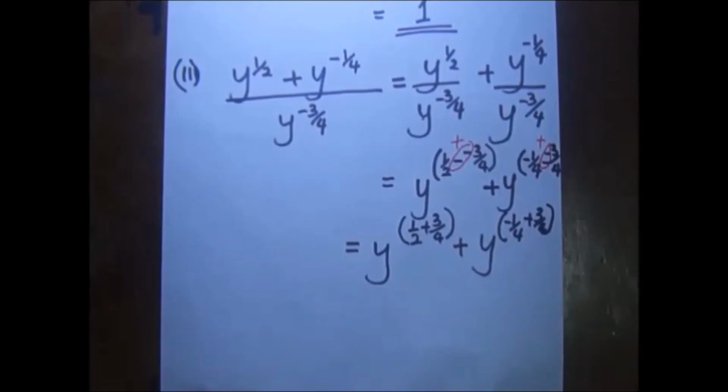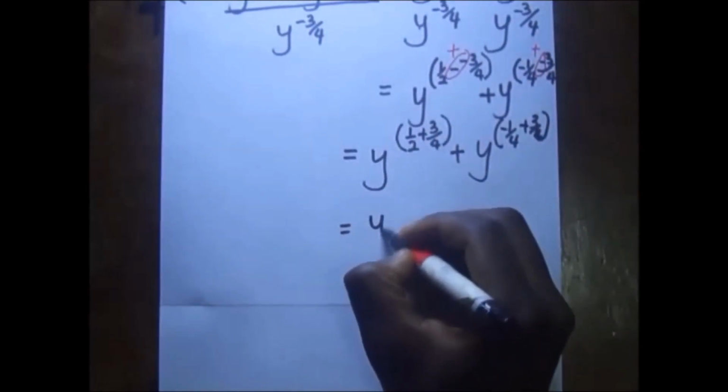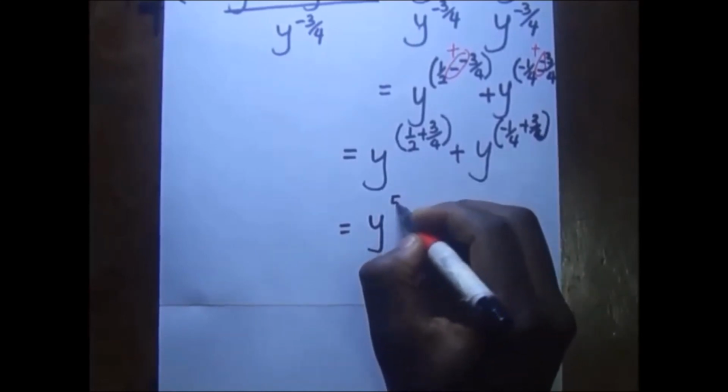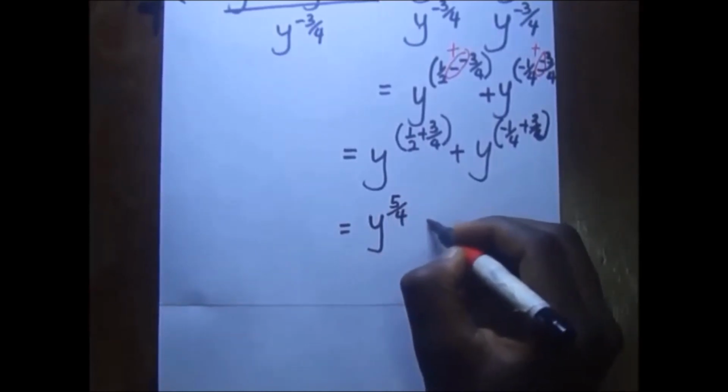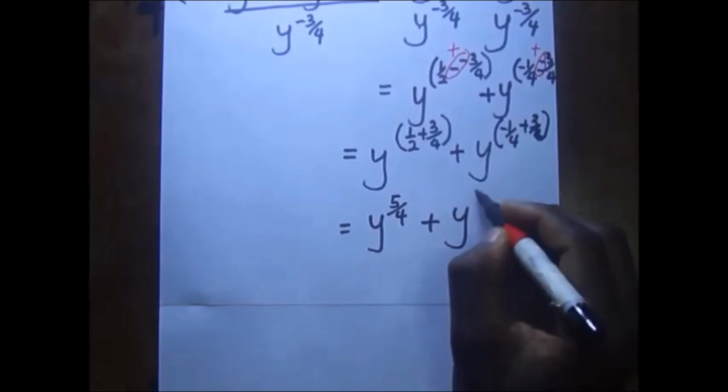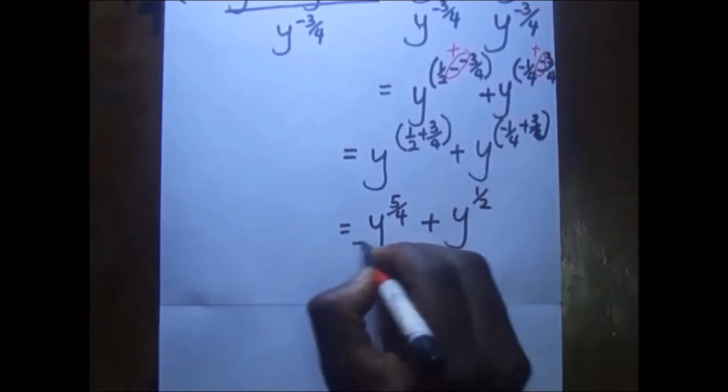When we add the powers, we end up with y to the power 5 over 4 plus y to the power a half. And that's the answer.